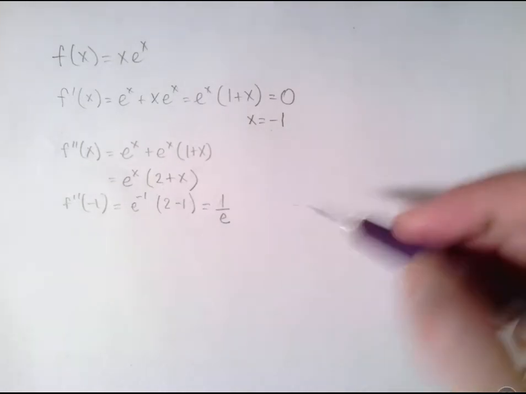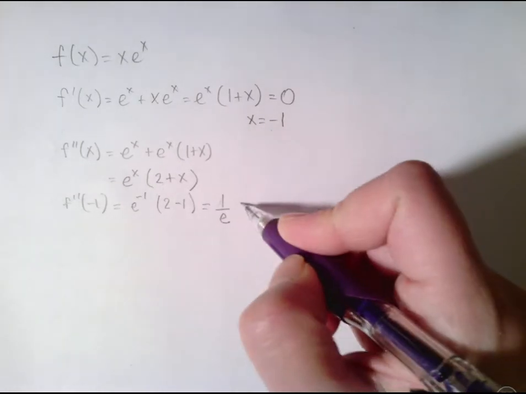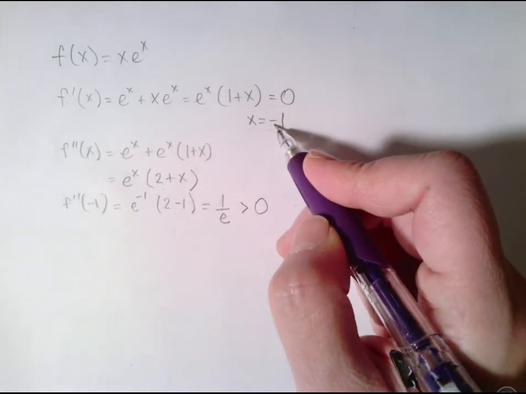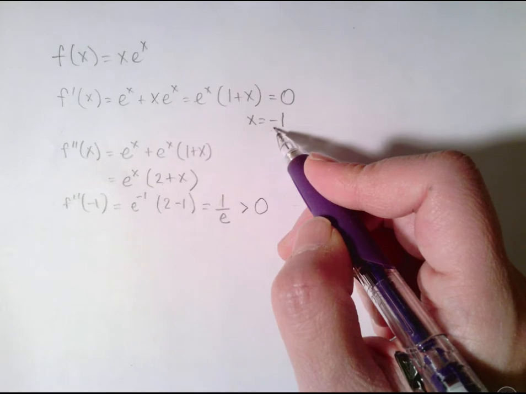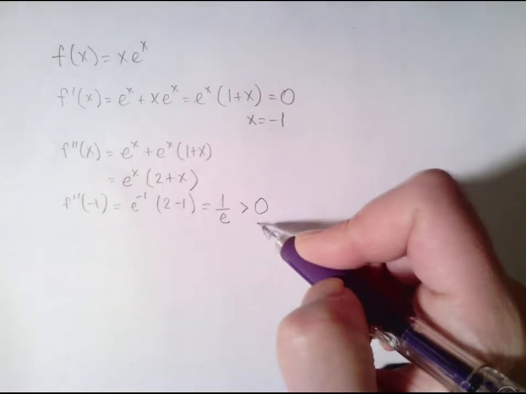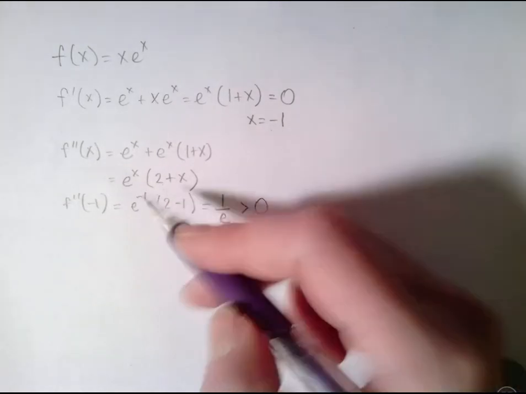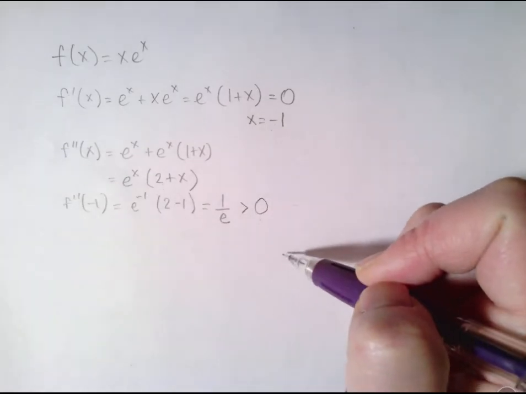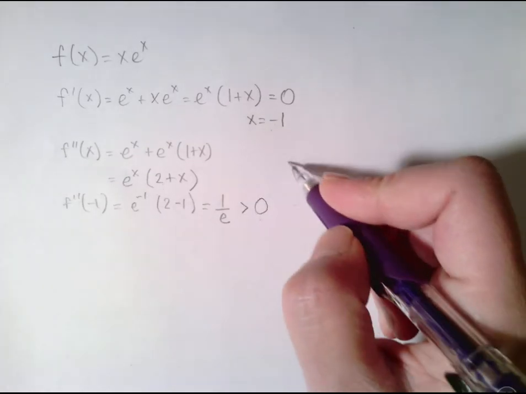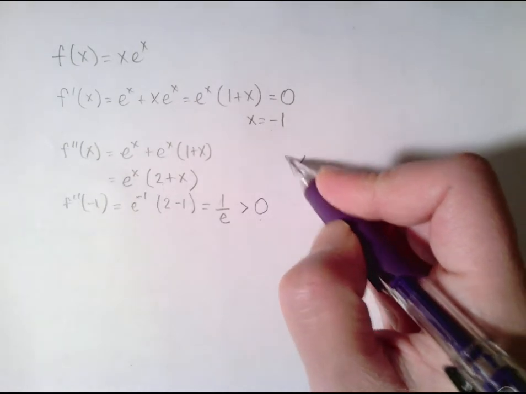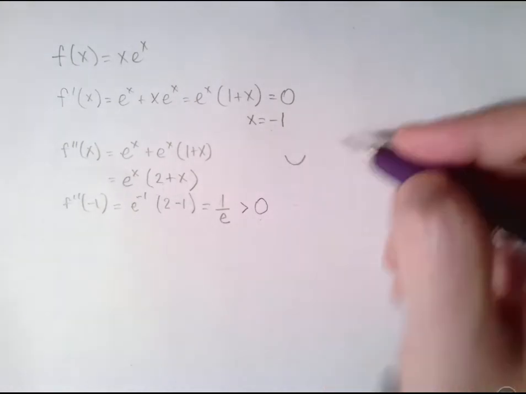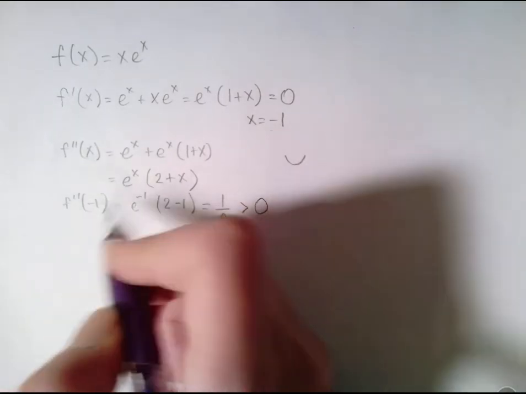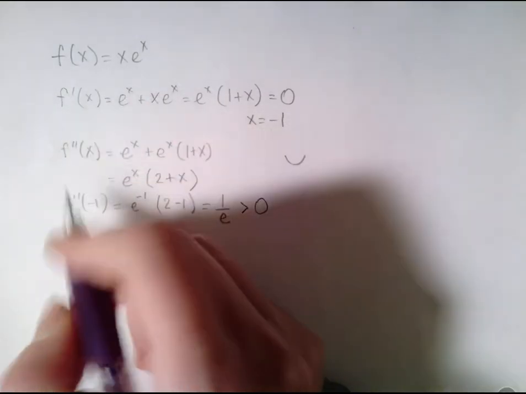Okay, so we know that this point must be a local minimum because at negative 1 we have a concave up region. Okay, so we know that we must have this kind of a behavior. But where does that exactly occur? Well, we're going to have to plug in negative 1 into our original function.